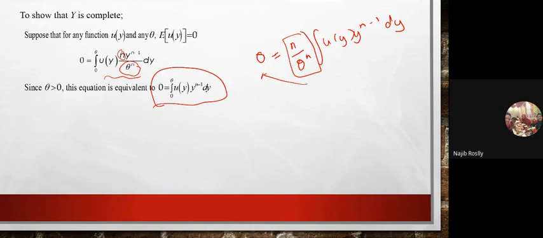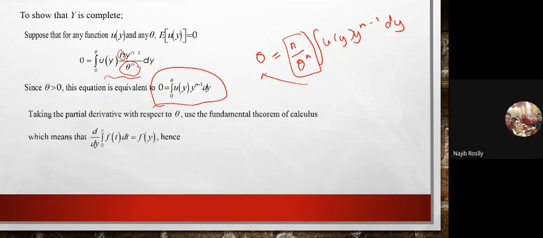So now we use another theorem, from the books. You can solve this equation by taking the partial derivative with respect to theta, using the fundamental theorem of calculus. Let's say you integrate f(t) dt from 0 to y, you will get F(y).